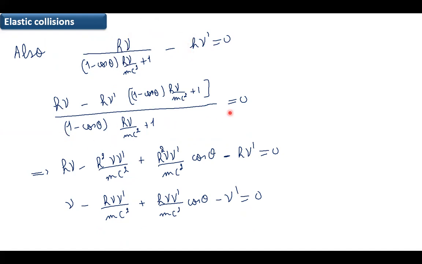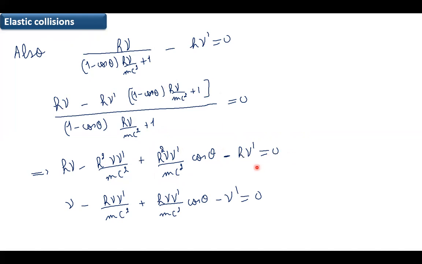So if you make the common denominator, (h nu minus h nu prime) times the denominator over the denominator is equal to 0. So we have this numerator that is equal to 0: h nu minus h squared nu prime over m c squared plus h squared nu prime over m c squared cosine theta minus h nu prime is equal to 0.